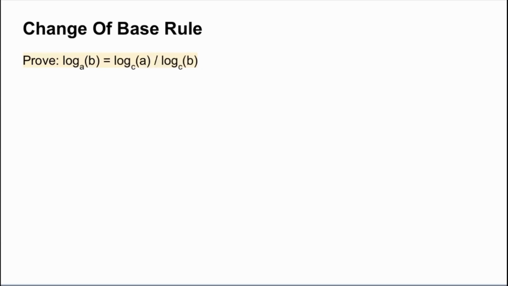Now, finally, for the change of base rule. This one, we won't set anything to 10 for the common log, because this one is important to see how the variables work out. So we have log base A of B is equal to log base C, this is a new base, the change of base, of A being our original base, over log base C of B, our original argument.